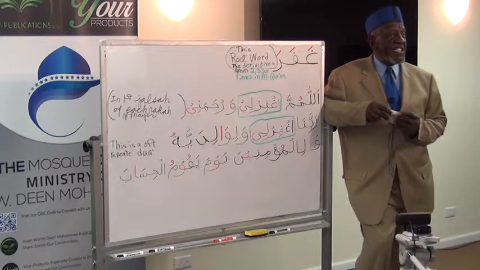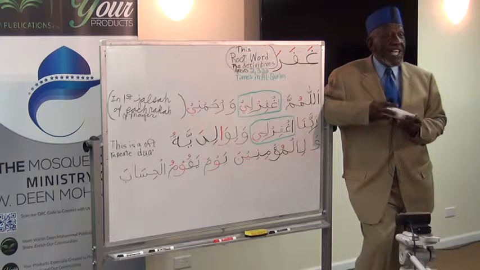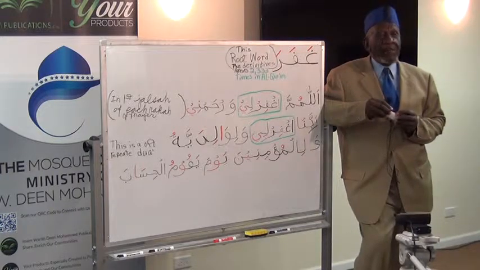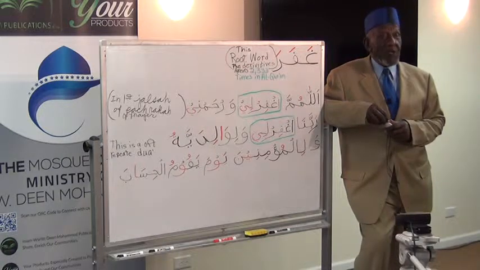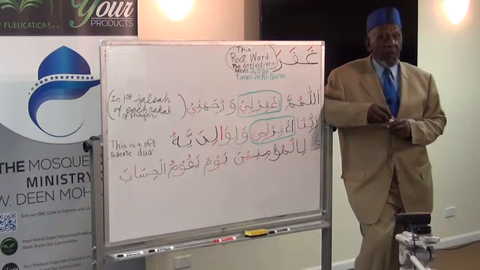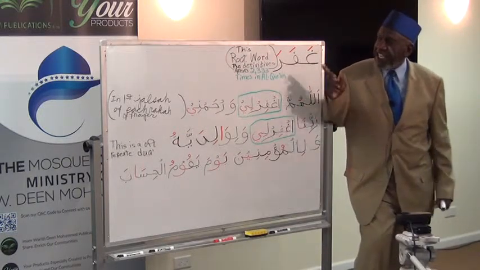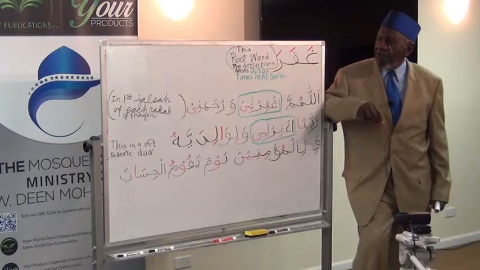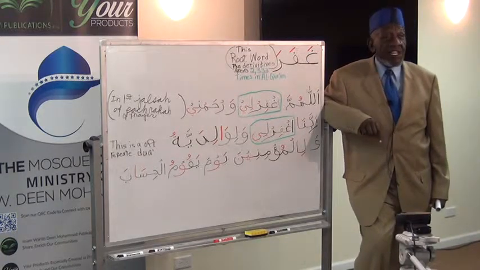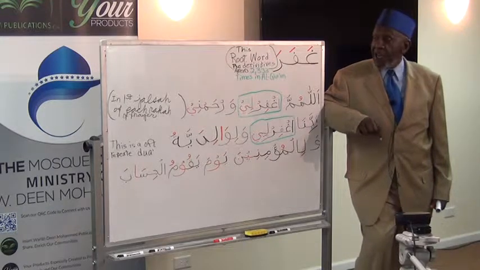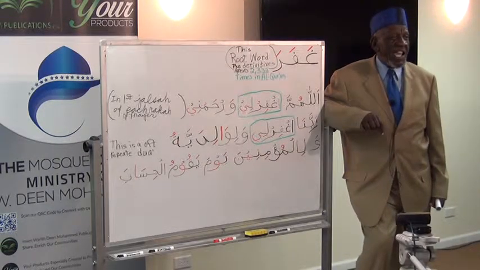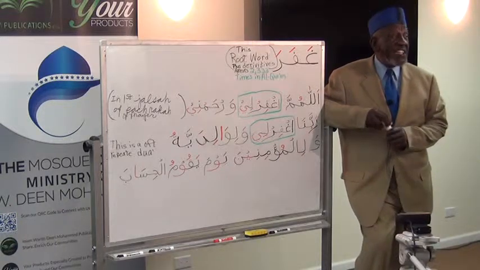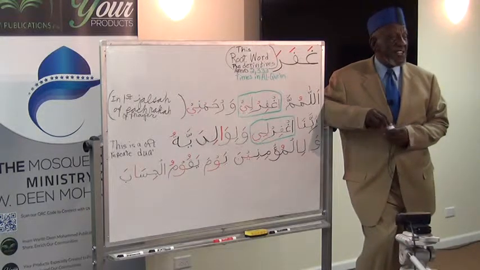One of the things they do most of the time is tell you approximately how many times that word or some form of that word is used in the Quran, since it's a Quranic dictionary. They say that this word Ghafara and its derivatives appear in the Quran as many as 2,333 times.